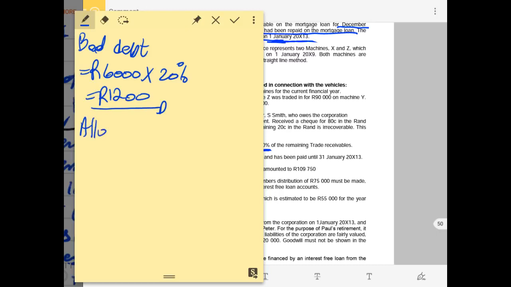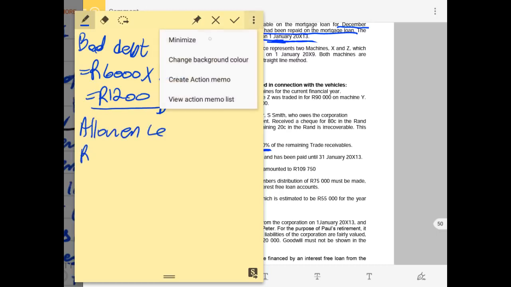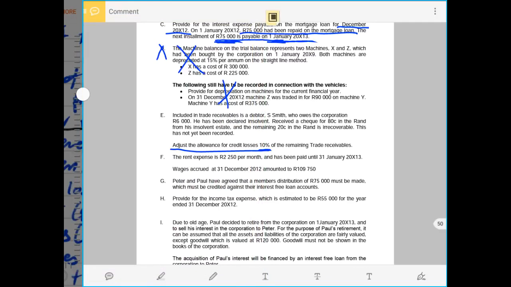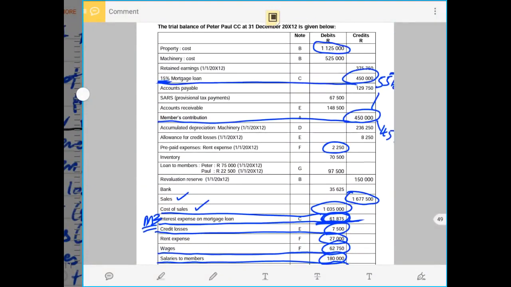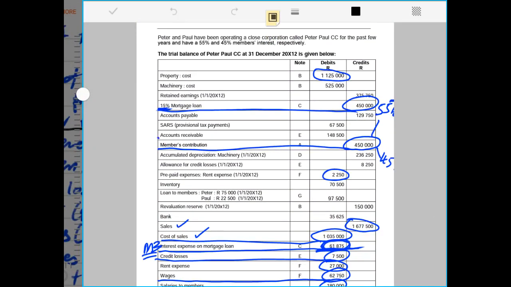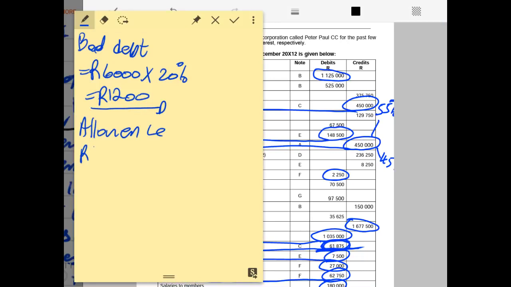Whenever that is the case, our new allowance will definitely have to change. Our new allowance will be based on the total of the trade receivables that we have in the trial balance. In the trial balance, our accounts receivable amount to 148,500. So now we have to say 148,500 minus 6,000 rands. Remember, out of the 6,000, 80% was received and 20% is a bad debt.